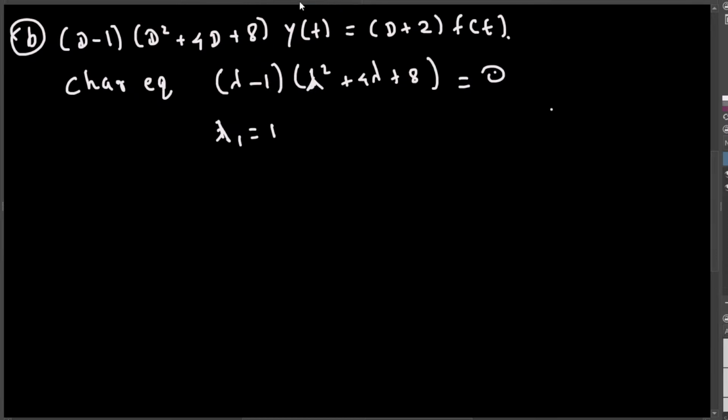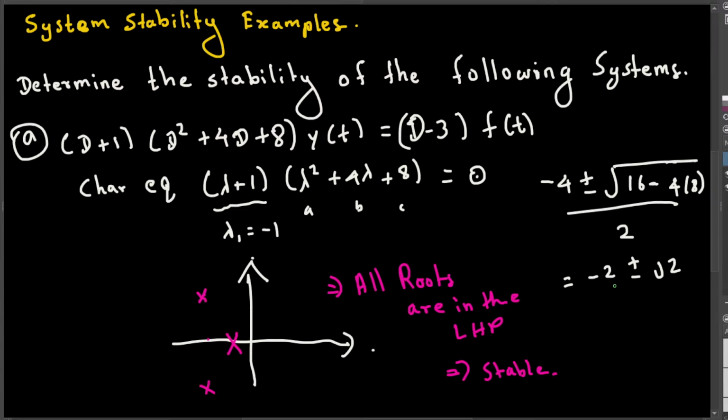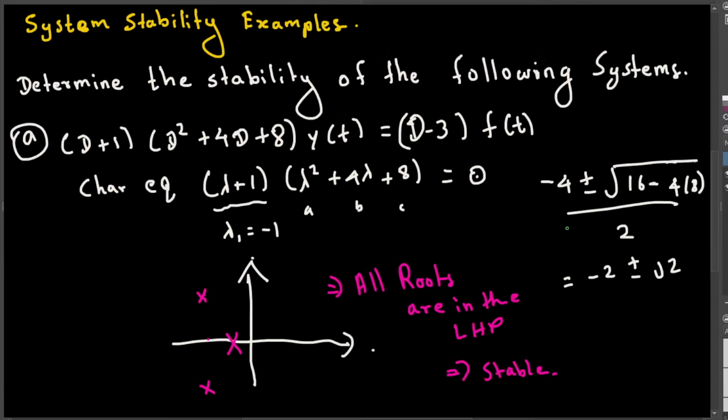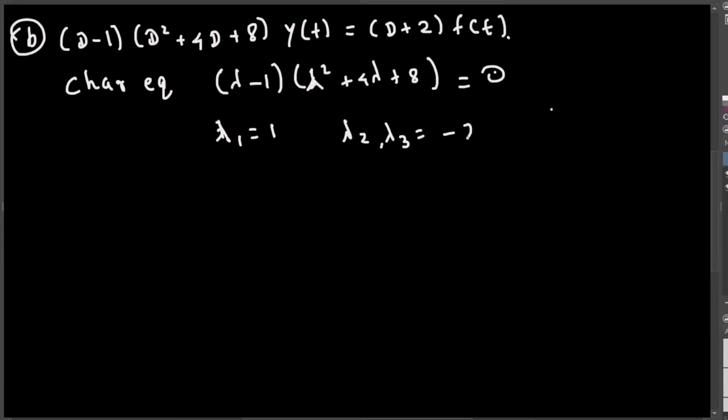So if you apply that formula, you're going to get the exact same thing: minus 2 plus or minus j2. So λ2 and λ3 are minus 2 plus or minus j2.